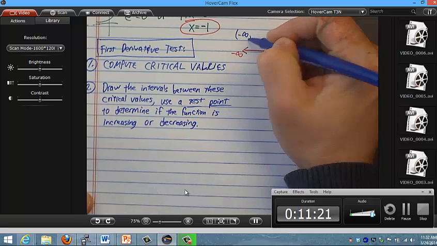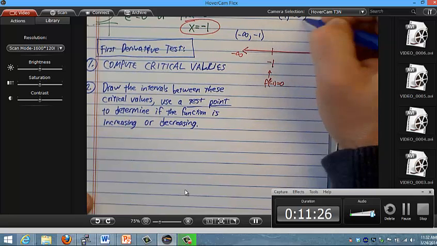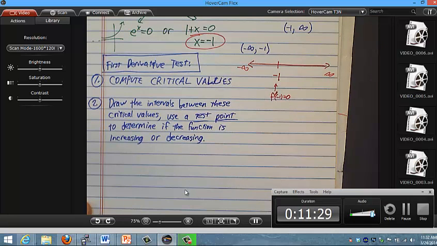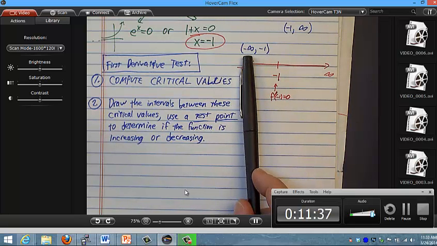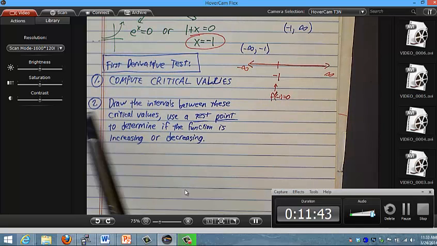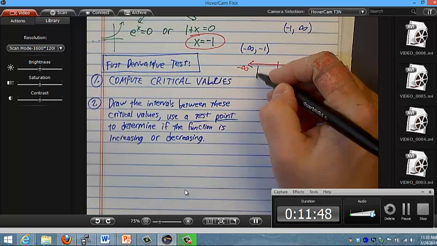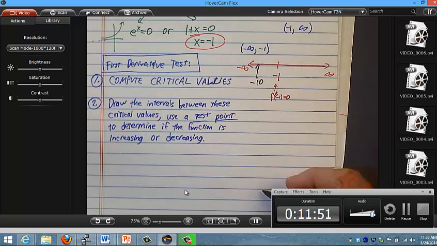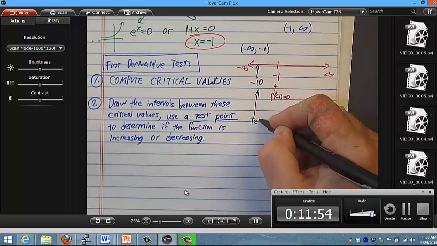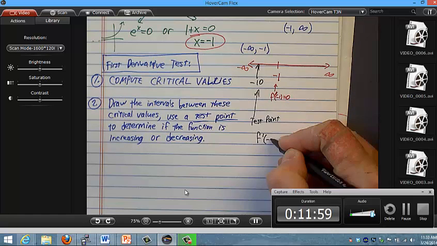We have from negative infinity to negative 1, and from negative 1 to positive infinity. And I'm going to pick a test point. You could pick any number you want between negative infinity and negative 1. What would you pick? Negative 10, negative 2, doesn't really matter. Say I use negative 10, that was suggested first. That's called a test point. I'm going to compute f prime of negative 10.